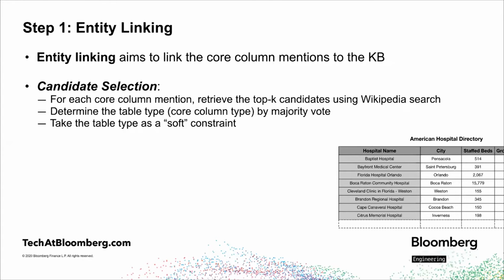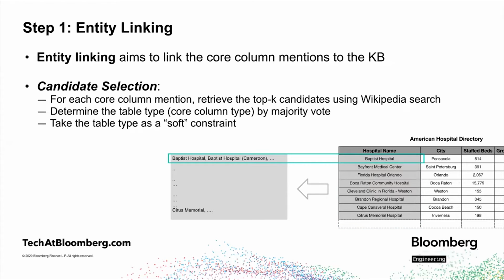What we do is retrieve the top K for each mention, and then we get a matrix here. Then we use the top-ranked candidates to vote by majority vote, taking their types in the KB to vote on the type of the table, based on Baptist Hospital and the rest.